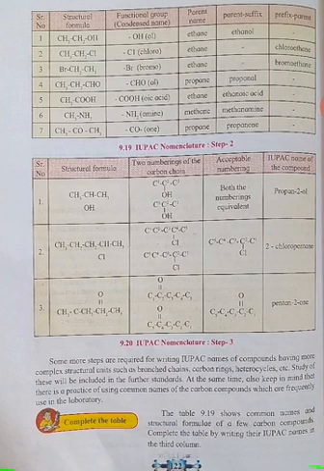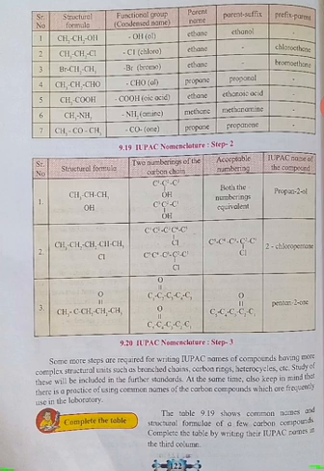Here, the structural formulas are given. In this table, the first structural formula is CH3CH2OH. Here the functional group is the OH group. So the parent name is ethane, and that will be changed to the suffix form, ethanol.